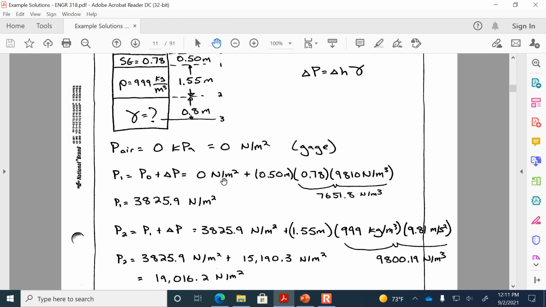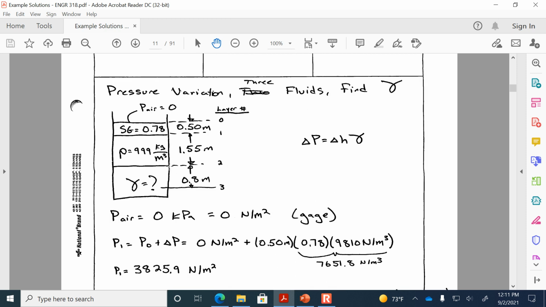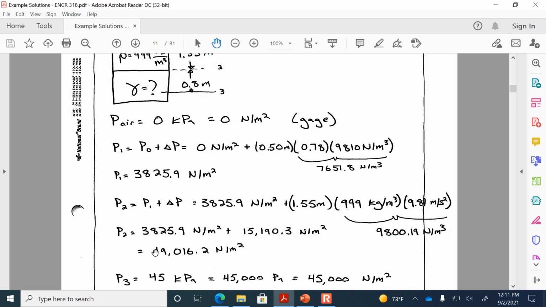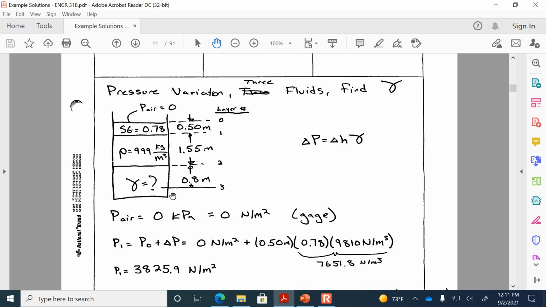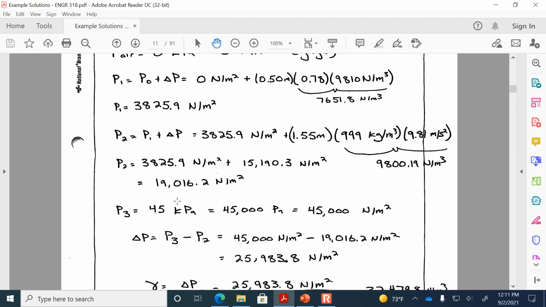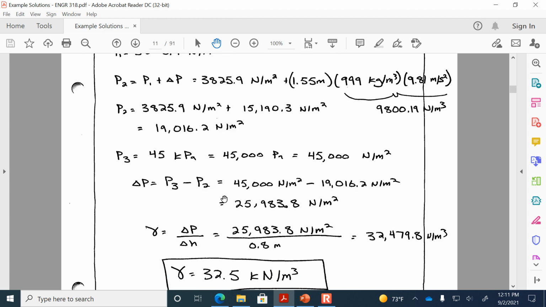So between these two layers, we know the pressure at 2 because we've gone through the calculations to find that P2 is 19,016 pascals. So we know P2, and P3 was measured to be 45,000. So the delta pressure between those two layers is 25,983. And finally, we can calculate the unit weight by dividing it by the 0.8 meters of depth.